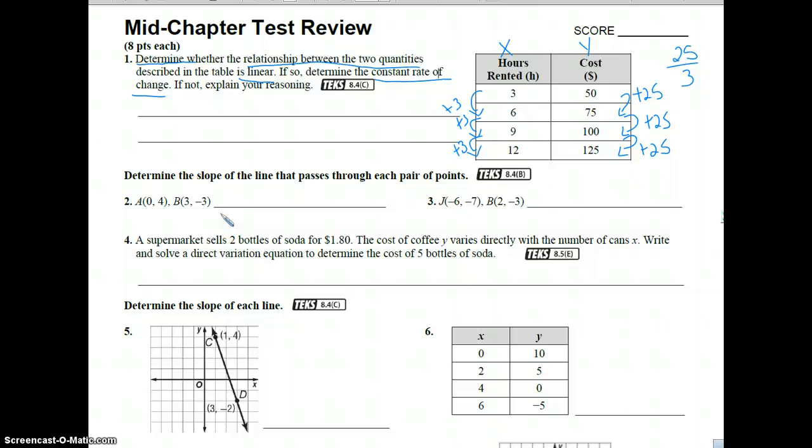What fraction? 1/3. Okay, so it says determine whether the relationship is linear. Is it? Yes. And why? There is a constant rate of change. And what is it?